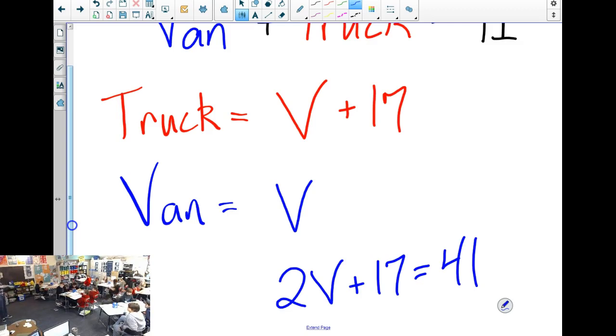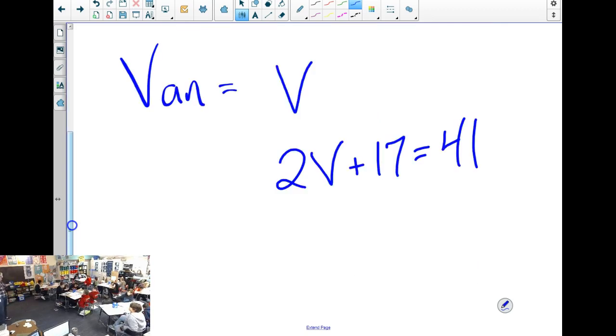Now, you could totally guess and check. Like, what if this is 10 and that's 10, and then this is 27 and 10, and that wouldn't work? And we could get ourselves there. But if we set up this equation, what do you do first?